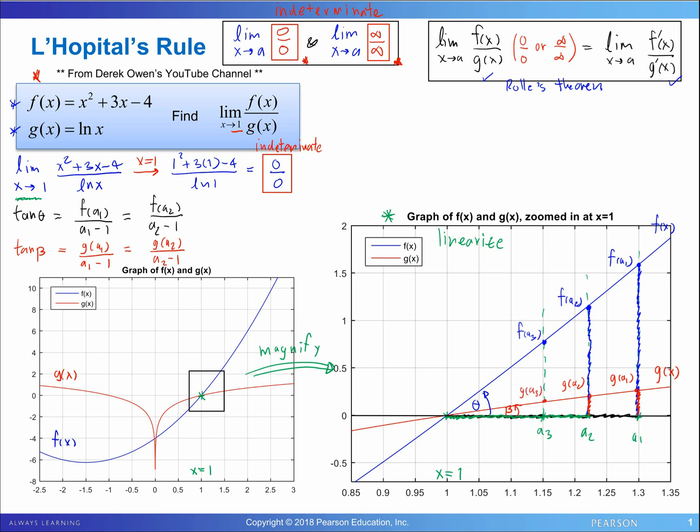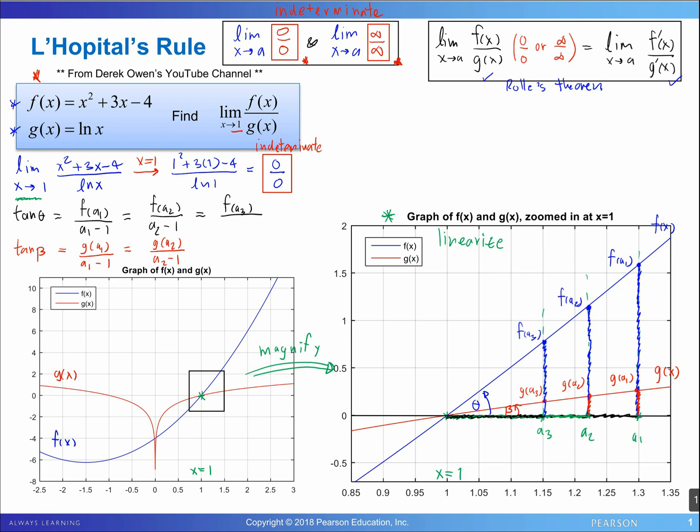Same thing over here, we find tan theta at the new point equal to the opposite side. This time it's going to be this side. The height of this is equal to, once again, f of A3. So f of A3 over here divided by the close side, this side down here. This time it's a little bit shorter.